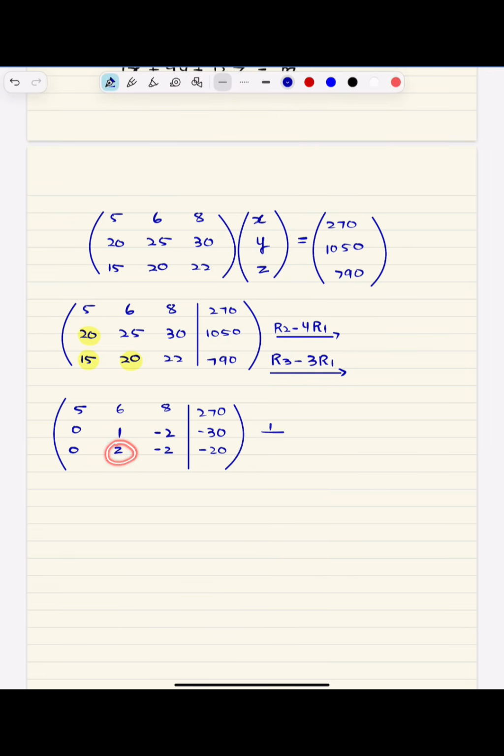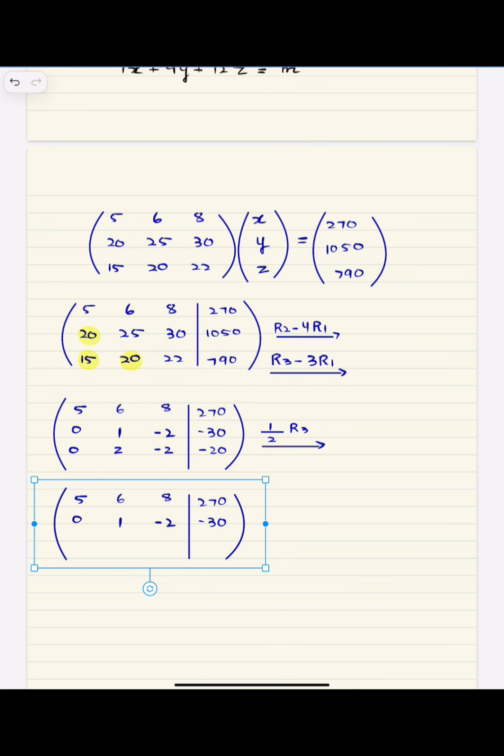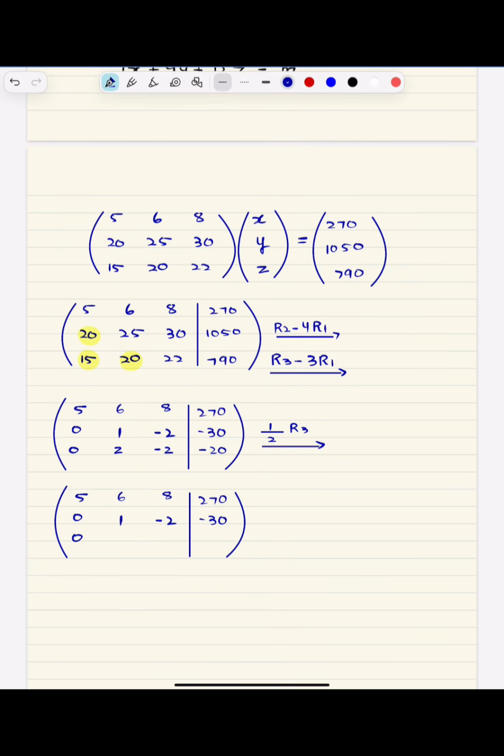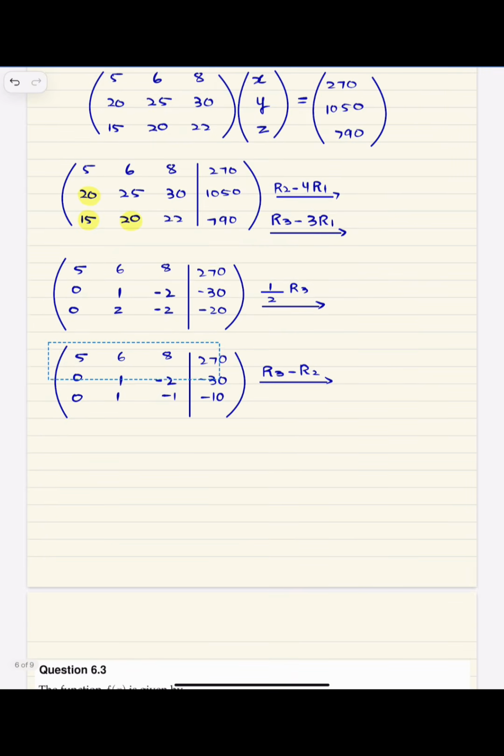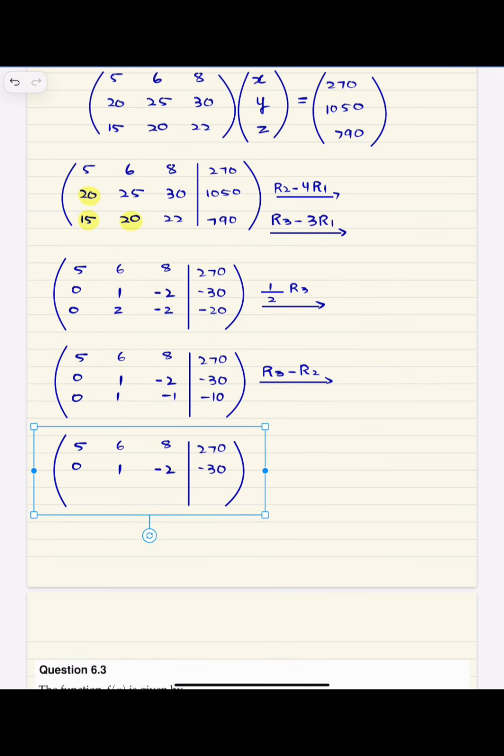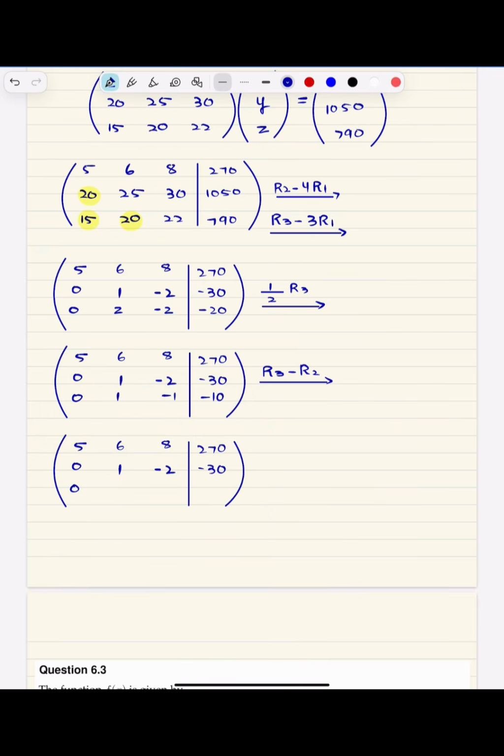Let's first multiply the last row by a half, because that gives me ones, which are easier to work with. So I'll get a 0 here, a 1 here, a minus 1 here, and a minus 10 here. I want to do row 3 minus row 2. Remember, I want to use row 2 to impact row 3. Then I'm going to get a 0, a 0, a 1, and then a 20.